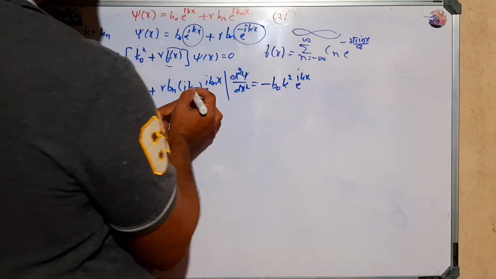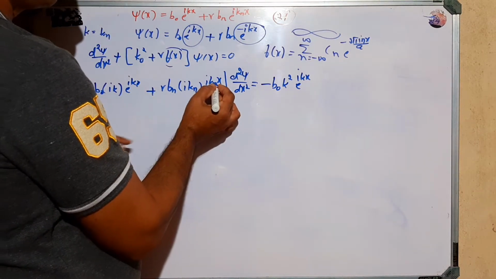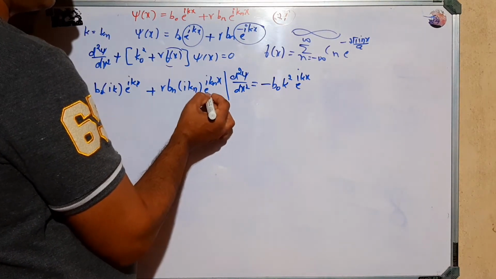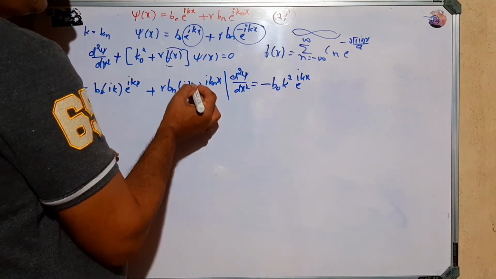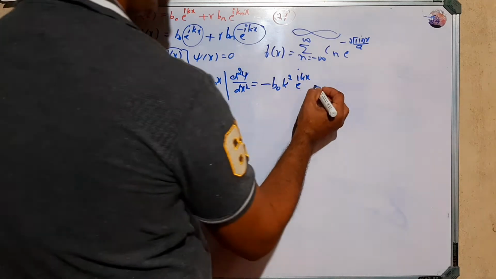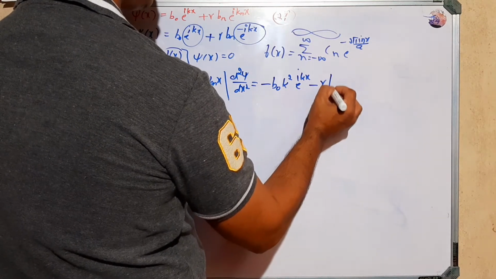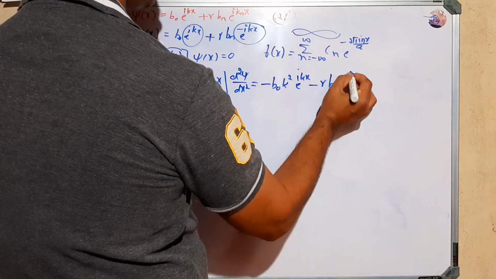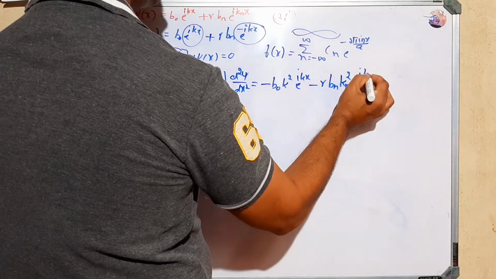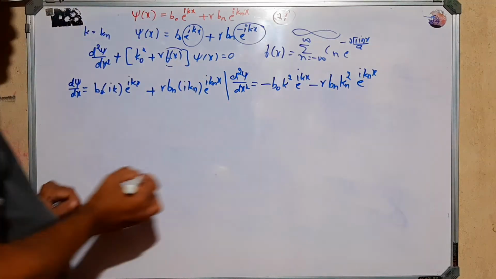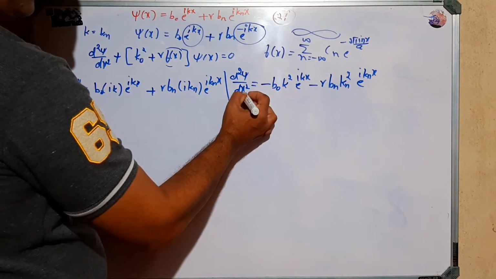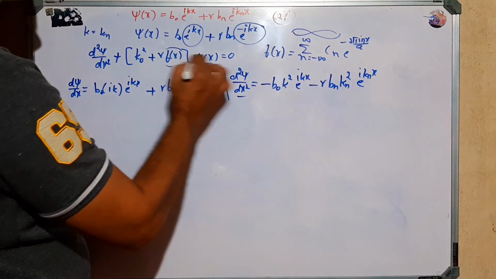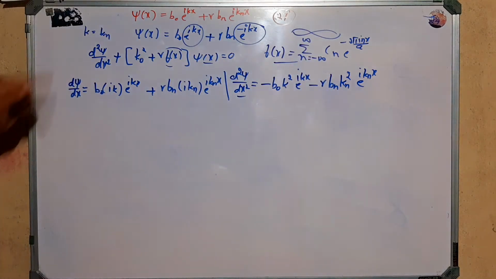Similarly here, the differentiation of e^(iknx) is ikₙ e^(iknx); (ikₙ)², with i² equal to minus 1, gives minus γ bₙ kₙ² e^(iknx). Now substitute the values of d²ξ/dx², ξ(x), and f(x) in Schrodinger's wave equation.